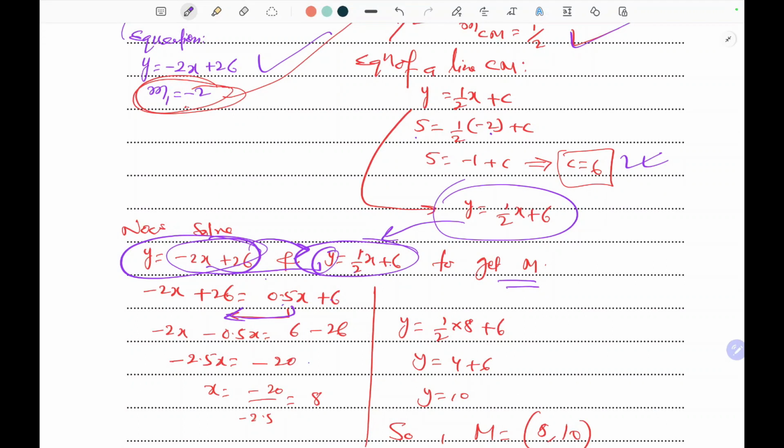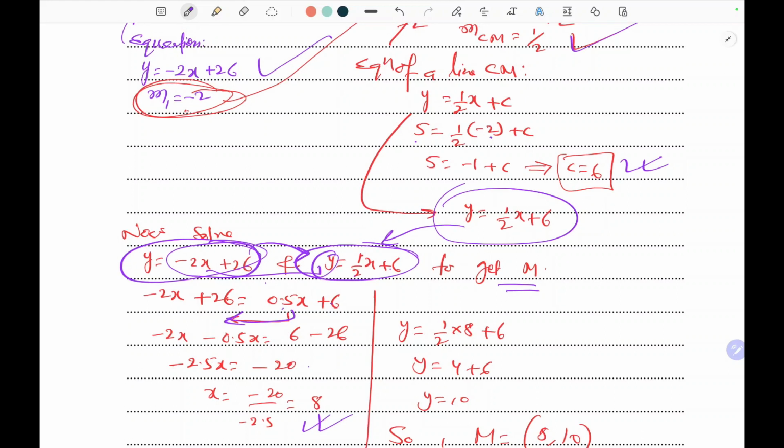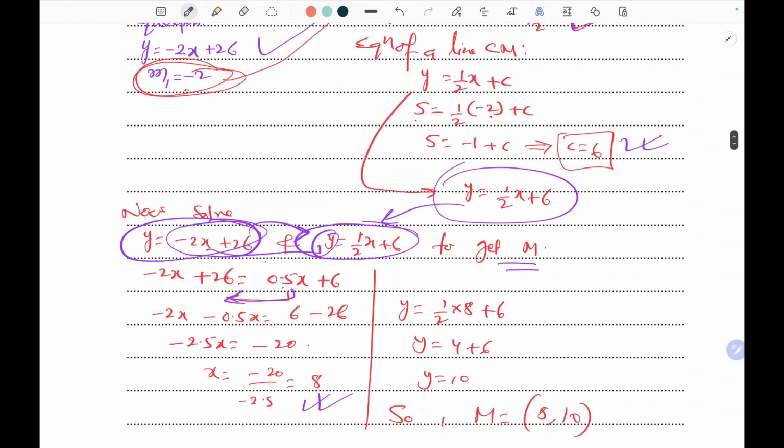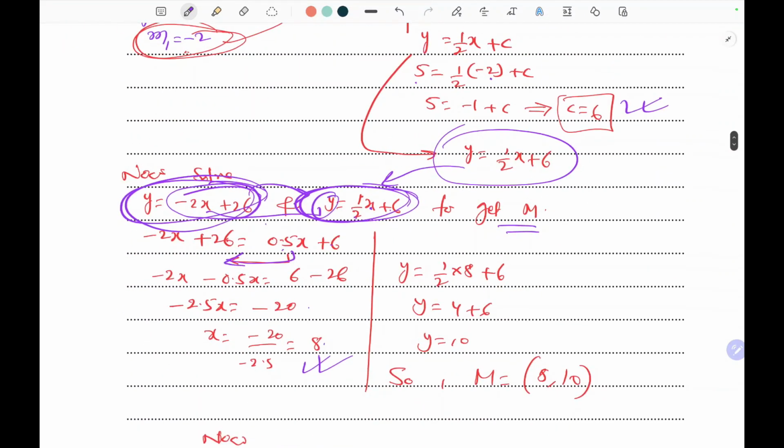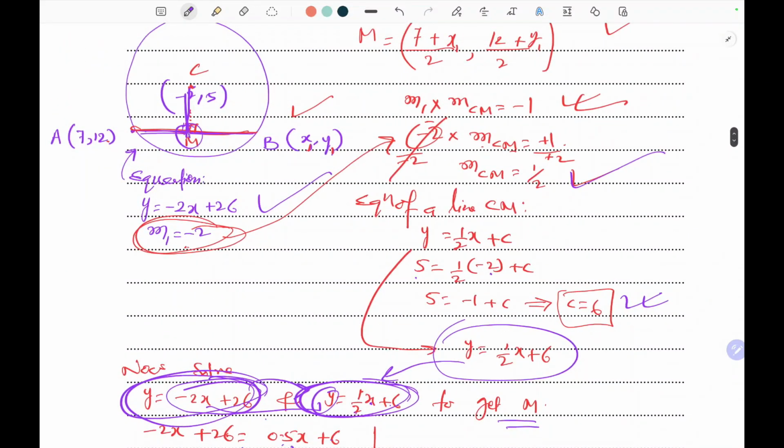Then x is -20 over -2.5, which is 8, right? So now we have x = 8. Now put x = 8 in either of the equations. So half times 8 plus 6 is 4 plus 6, that is 10. So I got M as (8, 10).